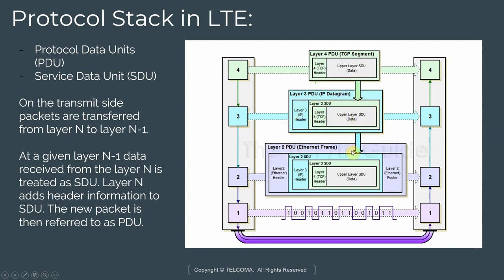This gets pushed down further to layer 2, which is the Ethernet or the MAC layer. And the MAC layer adds a bunch more header information. Then this combined packet is called the layer 2 PDU, and this layer 2 PDU is then transferred here. It's received at layer 1. Layer 2 receives it, strips off the header information and then passes on to layer 3, where the layer 3 header is stripped off and it passes on to layer 4, and so on and so forth.